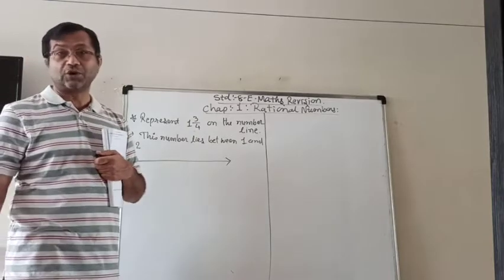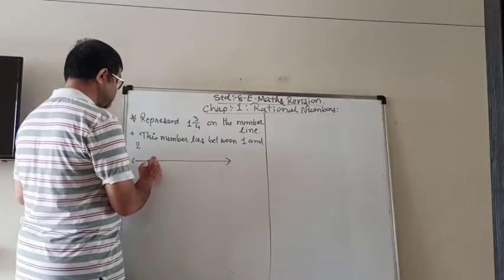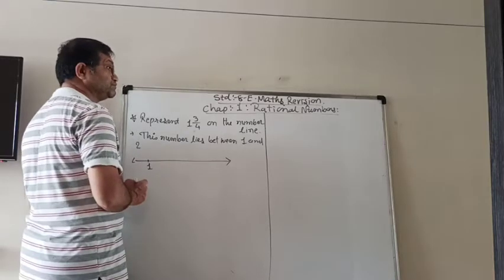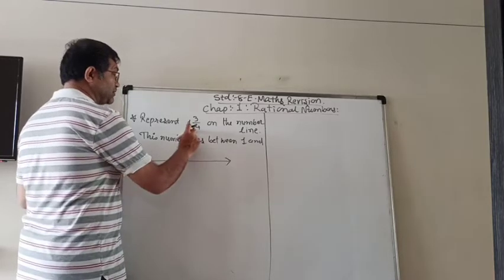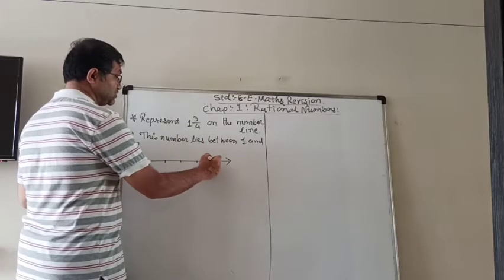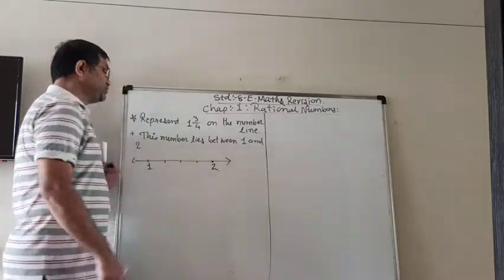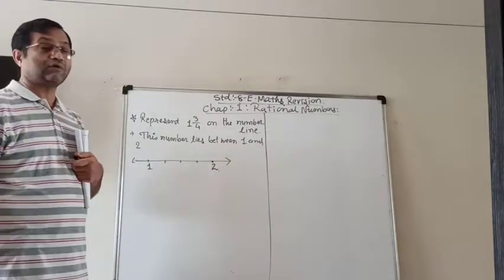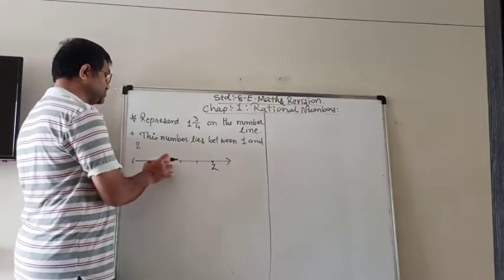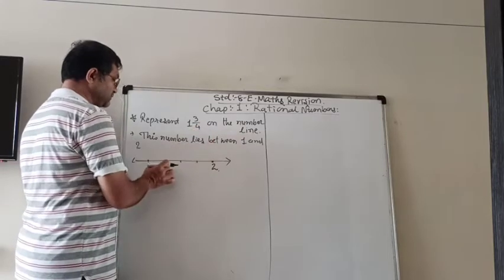Why? Denominator is 4. So now we can start with 1. We have to make 4 equal parts. So 1, 2, 3 and 4th equal parts. Then you put 2. When you make 3 points, it makes 4 parts. So 4 parts there.